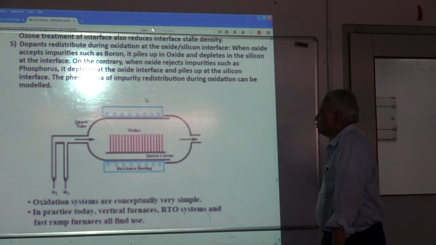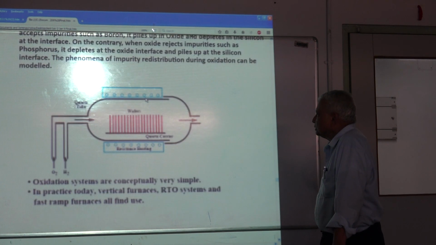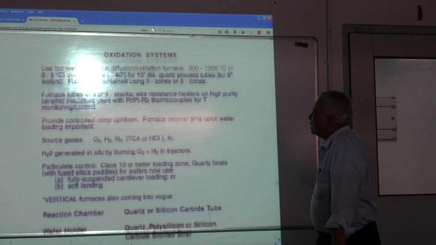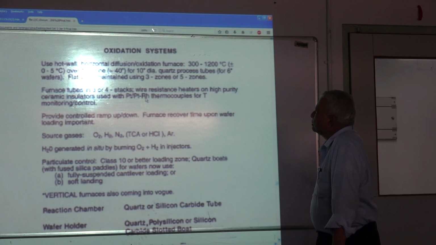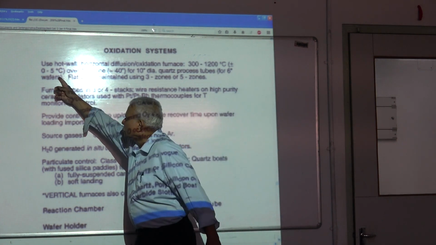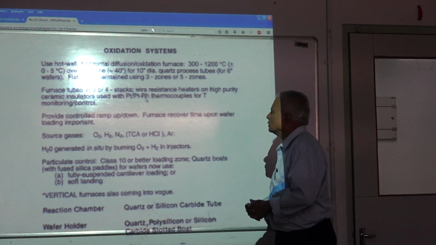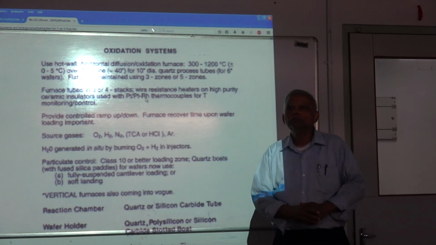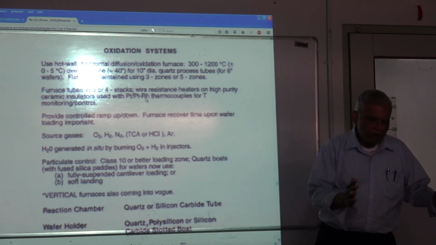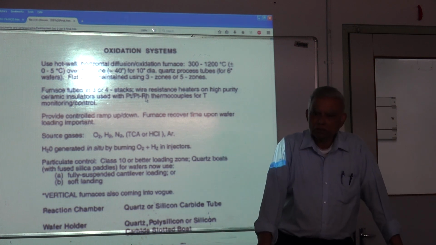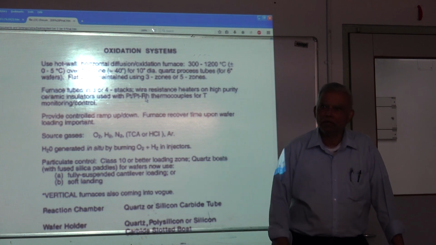Oxidation systems are conceptually very simple, but they can be very sophisticated, as I mentioned to you. Typically it's a hot wall type of furnace, which ranges in this kind of temperature range, with a very high degree of thermal control, and a very precise way of moving the wafers through the tubes, so that you have this exposure of high temperature, depending on what oxide you're growing, to the wet or dry oxide.